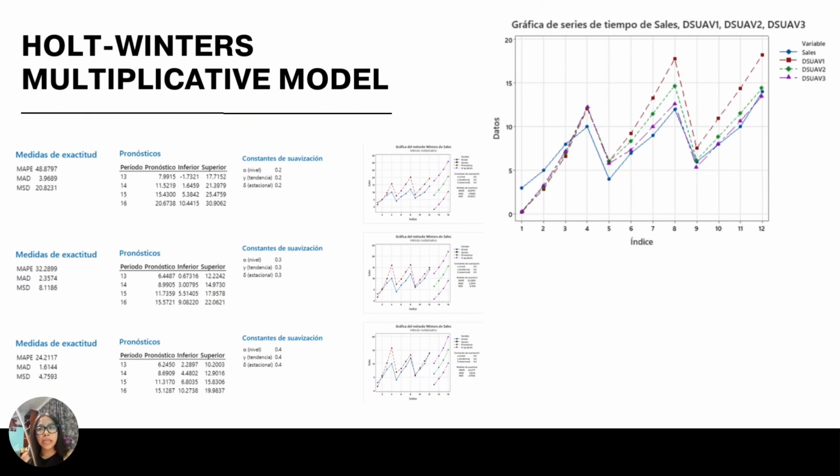And finally, we applied the Holt-Winters multiplicative model, which is suitable for data with both trend and multiplicative seasonality. This model showed the highest accuracy with a mean absolute percentage error, also named MAPE, of 24.21%, making it the best fit for our sales prediction task, as can be seen both in the table and the graph.